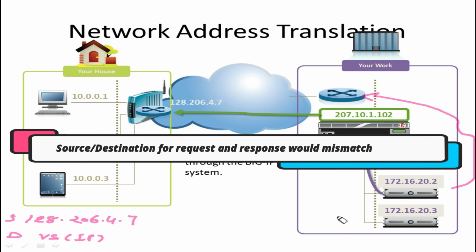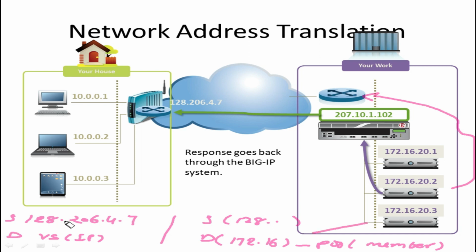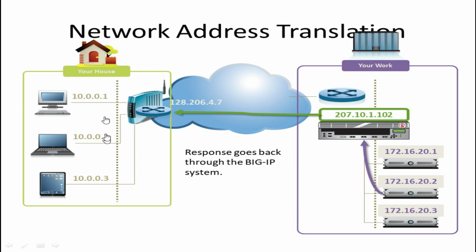From here we know the source would be the same 128.1, and the destination would be my 172.16, or we can say the pool member. Now if the pool member has a different default gateway, it will send the packet directly to my source, and that would be denied because my source and destination would not match at that time. So this would be the error. Let us see.